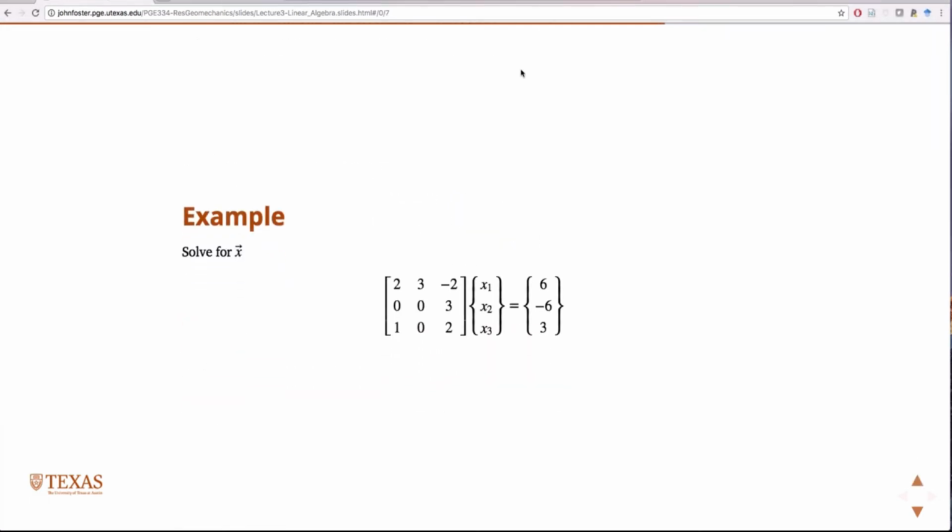So this is our system of equations written like this. And what we want to do is solve for x1, x2, and x3 using these 3 rules. Right? We call these row operations. So I'm going to write the system of equations like this.